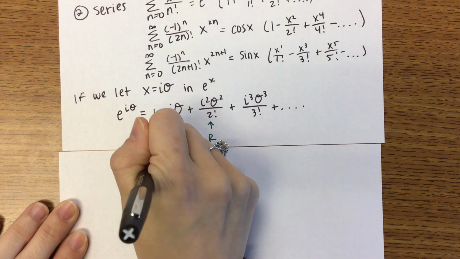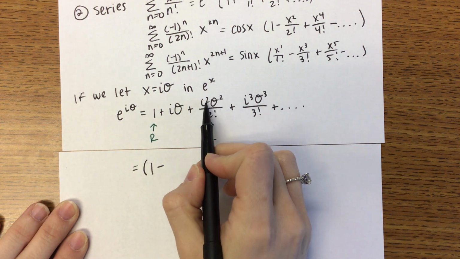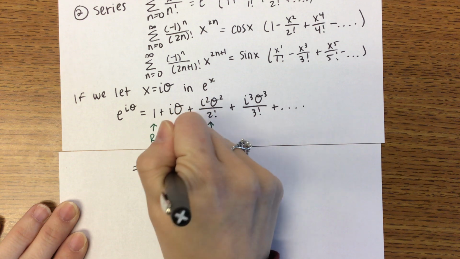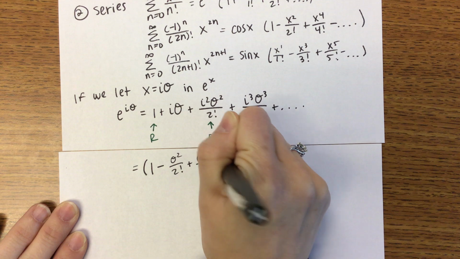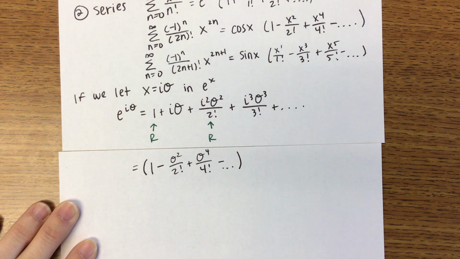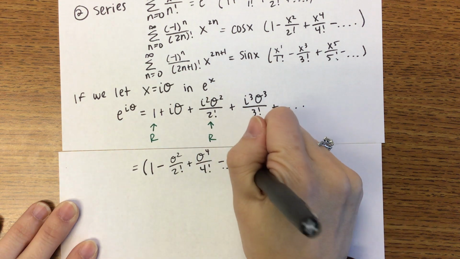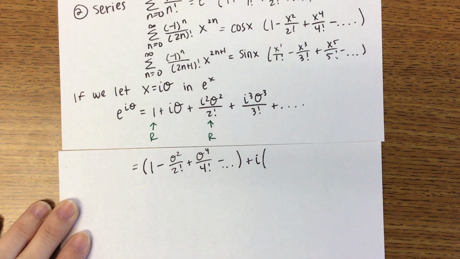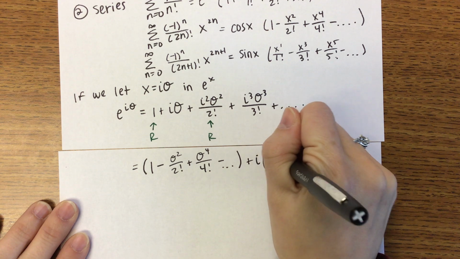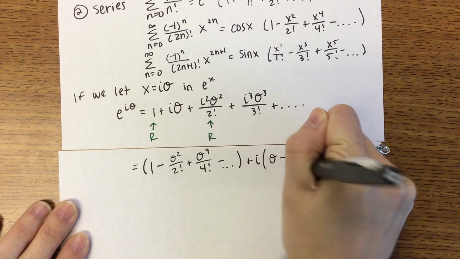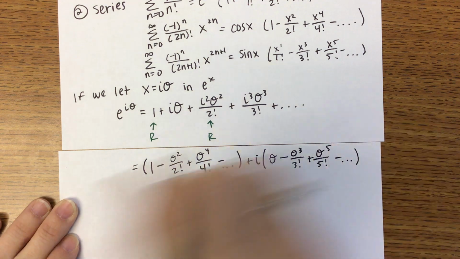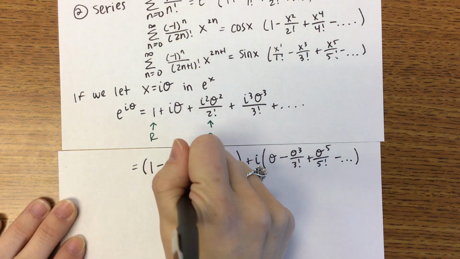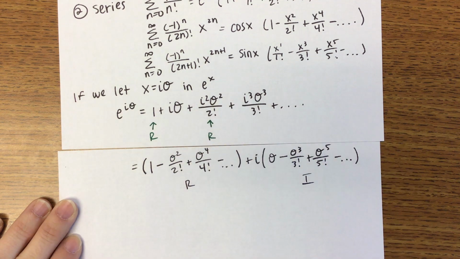The real parts: 1 minus, because i squared is negative 1, theta squared over 2 factorial, plus theta to the 4th over 4 factorial. If we have all the imaginary parts, we have theta minus theta cubed over 3 factorial, plus theta to the 5th over 5 factorial. So these are all the reals, these are all the imaginaries.